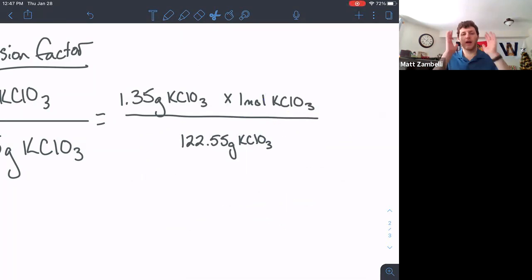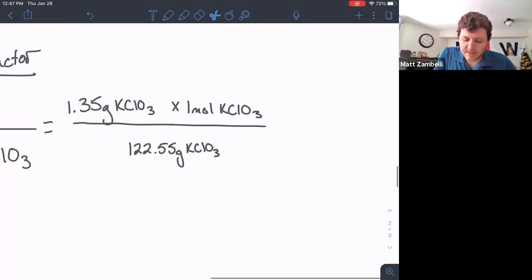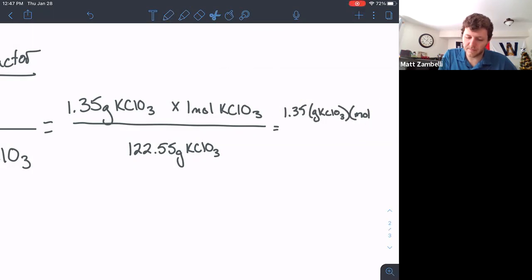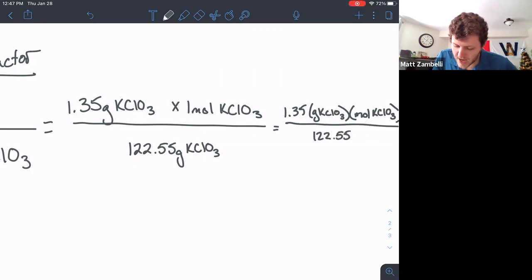Now, once we do this multiplication, we'll get 1.35 grams of KClO3 times moles of KClO3, and I'm going to have to move that over, divided by our 122.55 grams of KClO3.